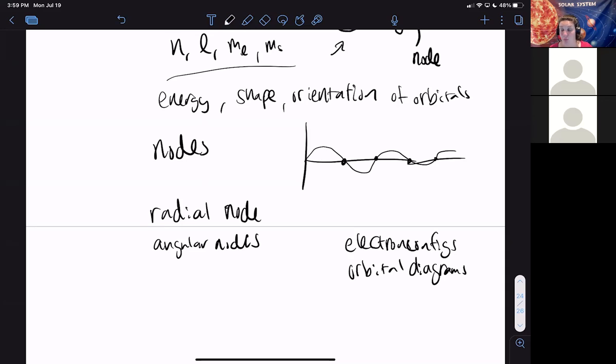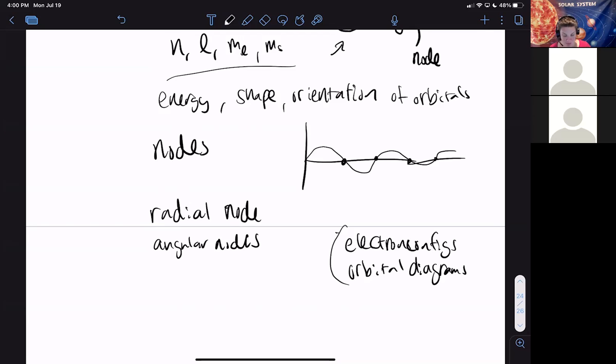Those were not on the take home. Pretty good indicator that these are very important, so they're probably going to be on the test. But you should be able to fill out an orbital diagram or an electron configuration using the Aufbau principle. So adding electrons in the lowest energy orbitals first, and then going up in energy until you run out of electrons.